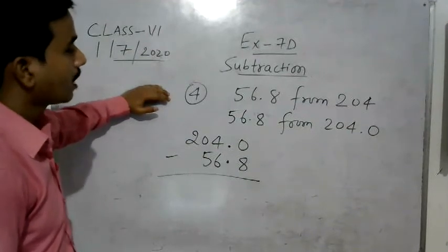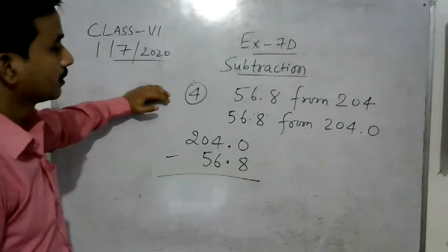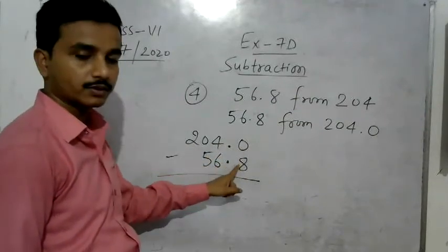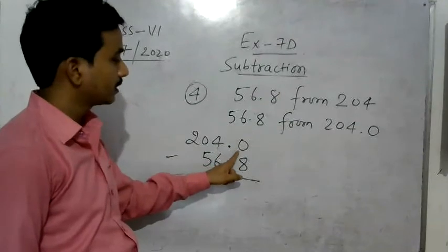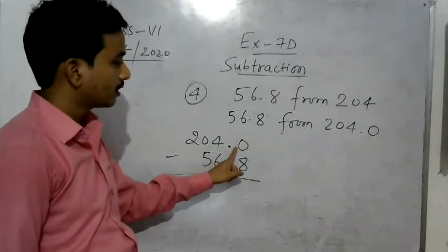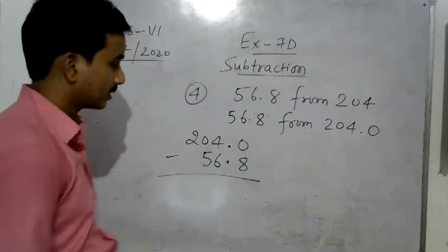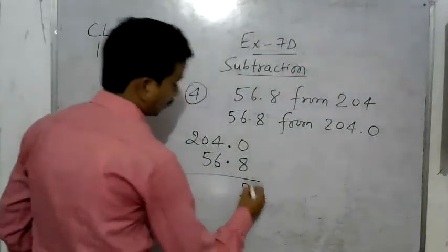Now subtract it. Here 8 cannot be subtracted from 0, so you will take one carry from here. So 1 and 0 makes 10, and 10 minus 8 is 2.